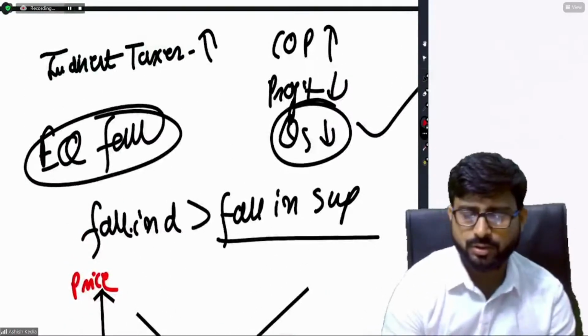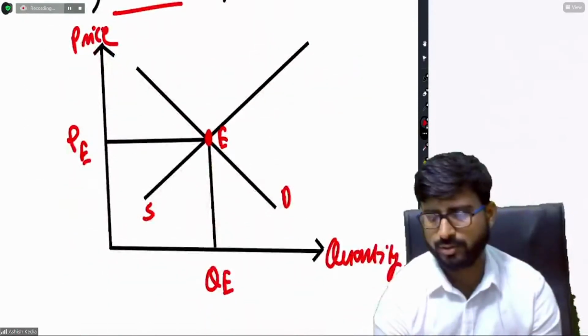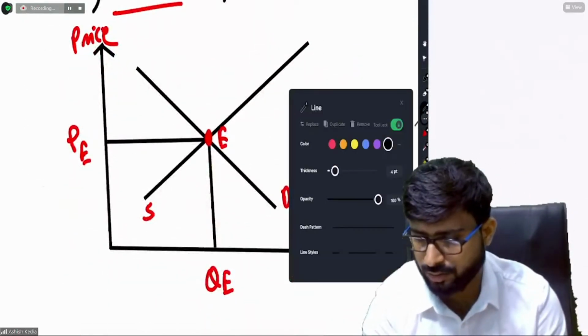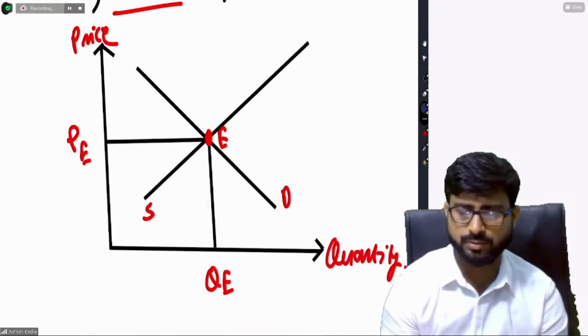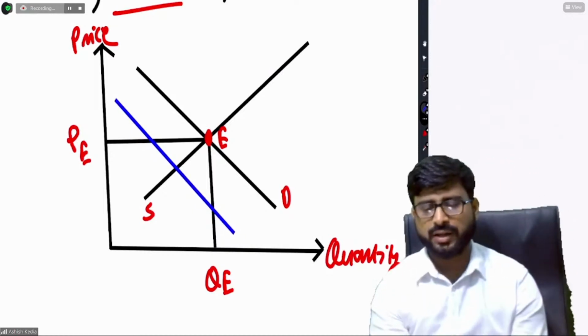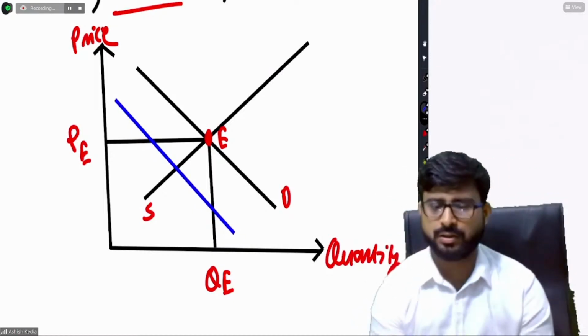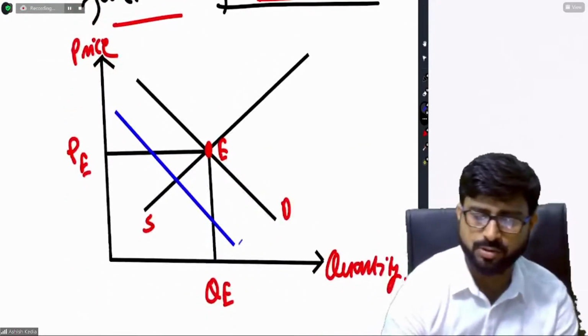Now, fall in demand is greater than fall in supply. So demand has fallen by a larger quantity. Supply has fallen by a lesser quantity.